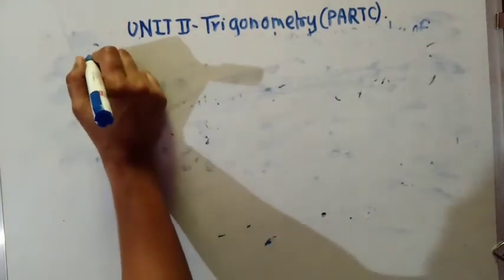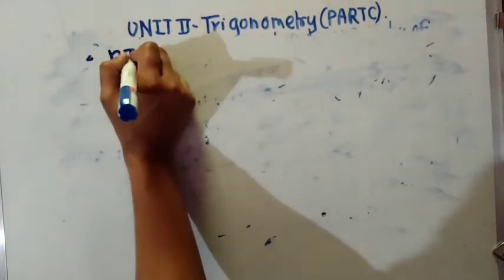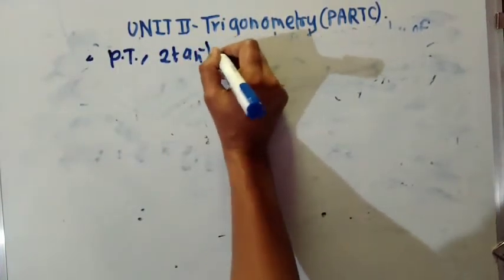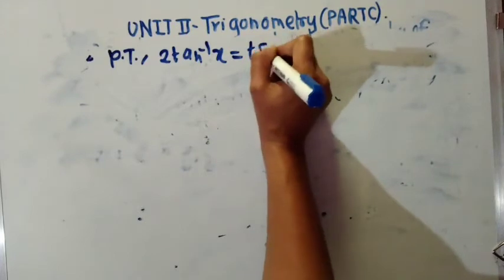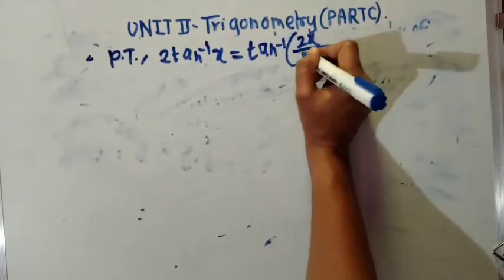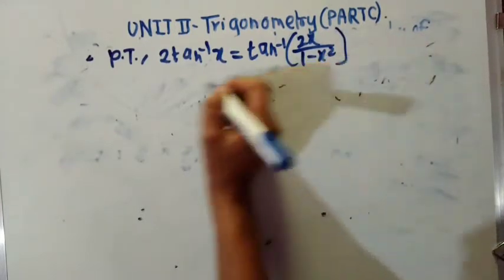Then the next example is: prove that 2 tan inverse of x is equal to tan inverse of 2x upon 1 minus x square.